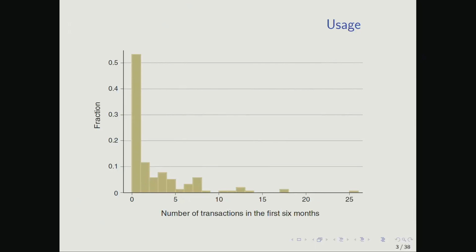That big mass at 0 is telling us something else than what you're saying. It's telling us that 55% of people have done it exactly 0 times. They've never done anything with the account. Right, and then these are the people who used it, and most of them use it very little.